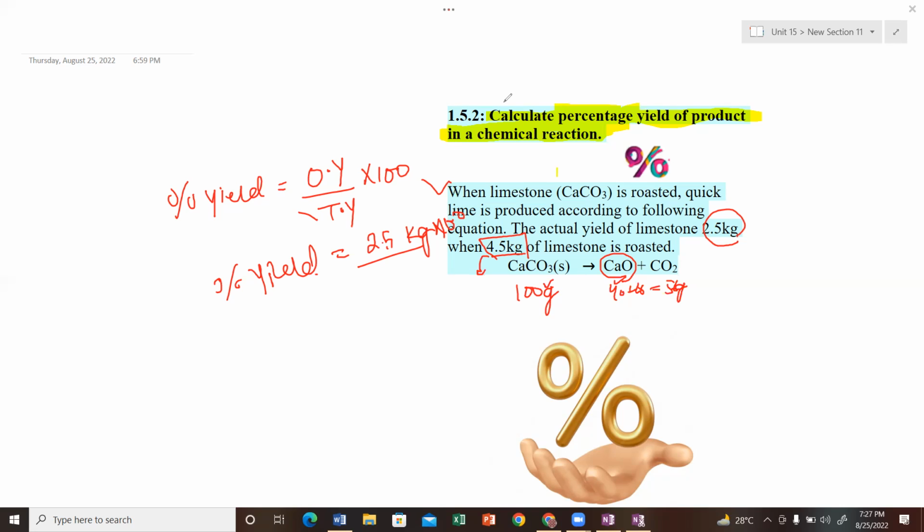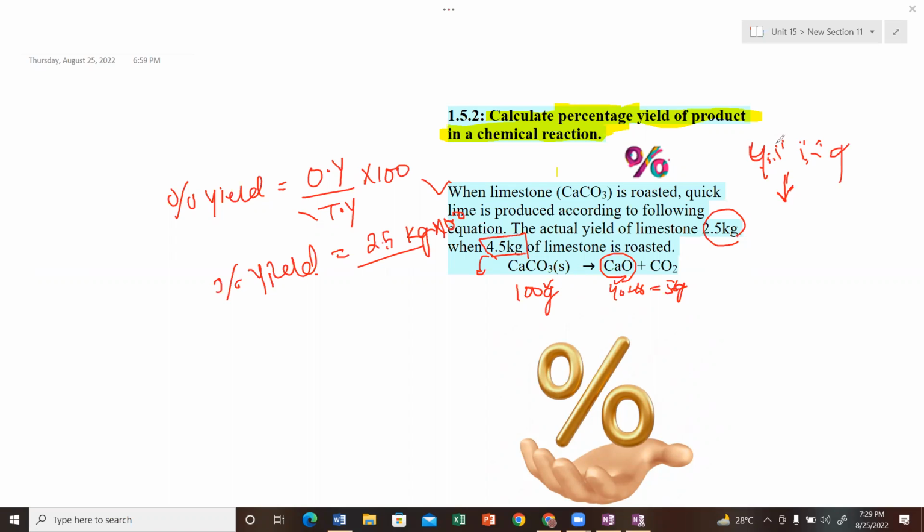So I'm going to convert 4.5 kilogram into grams. If we want to go from a higher unit to a lower unit, from kilogram, the larger unit, to grams, we multiply the kilogram by 1000.